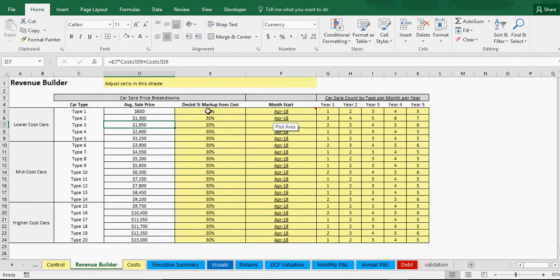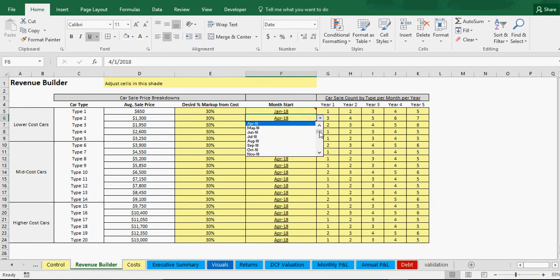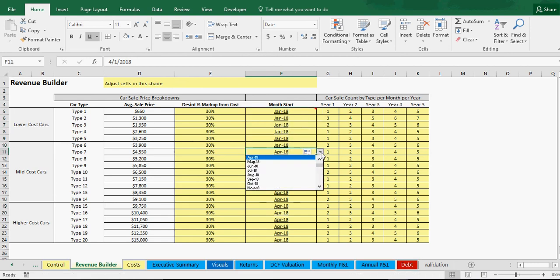Then we have the month start. So this is just saying January 18 all the way out to December 22. You can pick when a given type of car starts. You're going to start selling it. This is useful if you say you want to start selling these in January. And then say some of these mid ones you want to start in April.